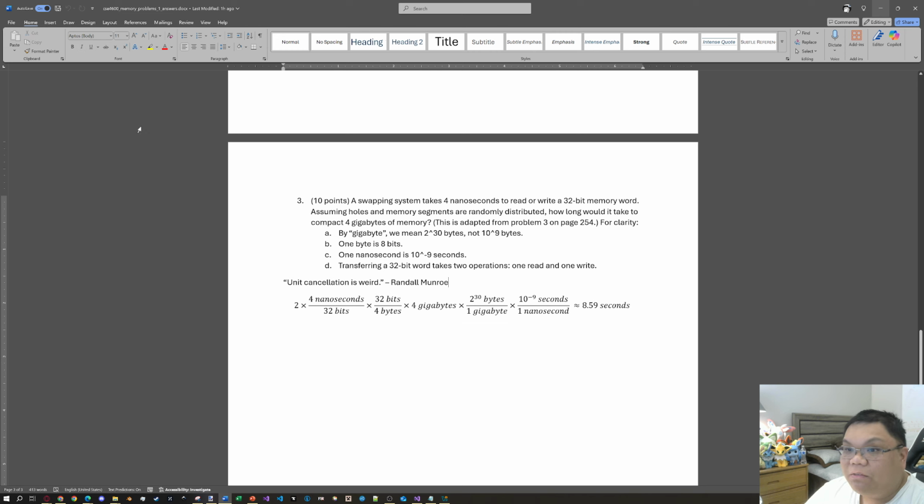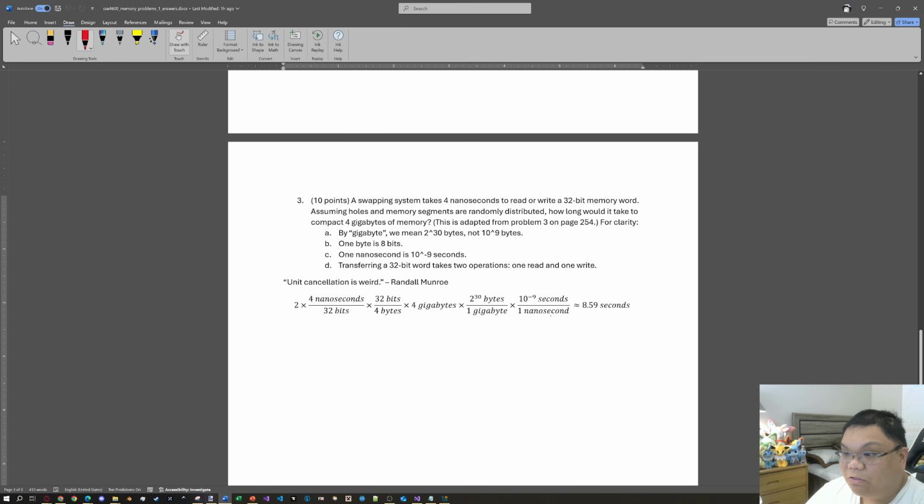So, we can stare at this calculation here and figure out which terms to cancel out. I'll just draw the terms that we're canceling out. Bytes canceled out. Gigabyte canceled out. Bits canceled out. Nanoseconds canceled out.